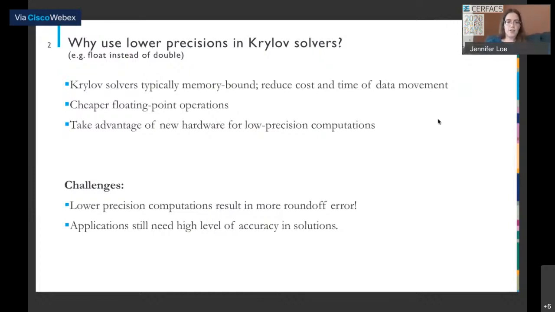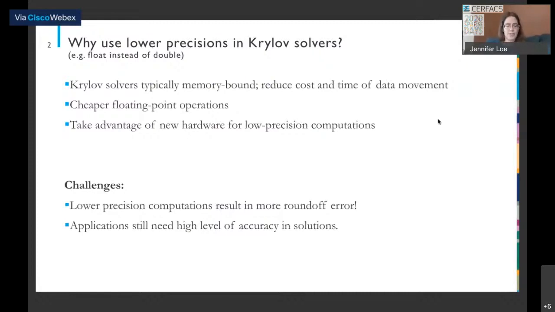Floating point operations are cheaper for the computer. And we want to take advantage of new hardware, such as the NVIDIA Tensor Cores, maybe in the future, that Azam was talking about, and other hardware being made to specifically speed up low precision computations.